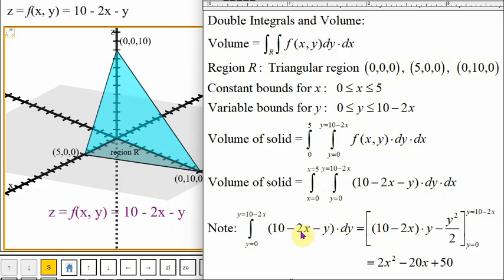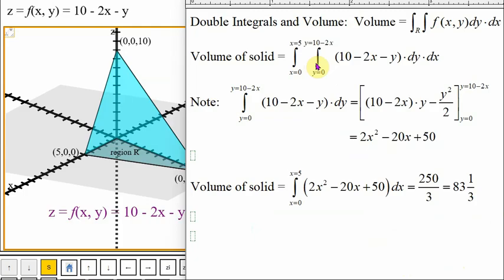The 10 minus 2x is constant since we're integrating with respect to y, so we get (10 minus 2x) times y, and then the integral for y will be y squared over 2. Evaluating from y equal to 0 to y equal to 10 minus 2x and simplifying, we end up with 2x squared minus 20x plus 50.